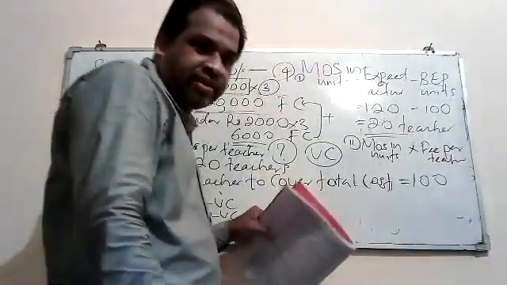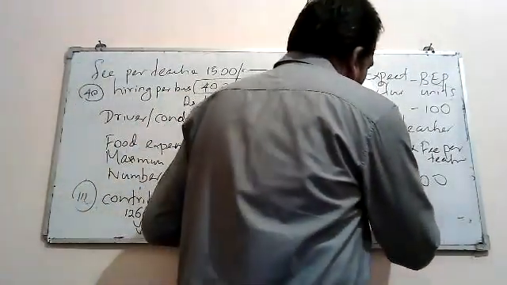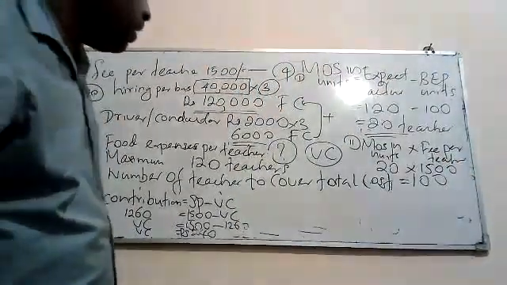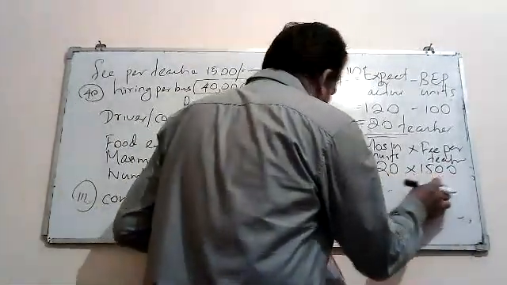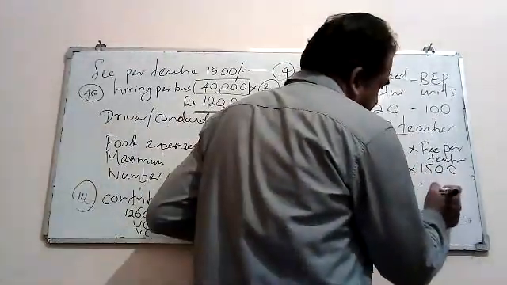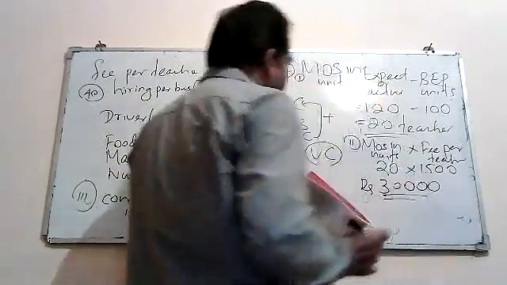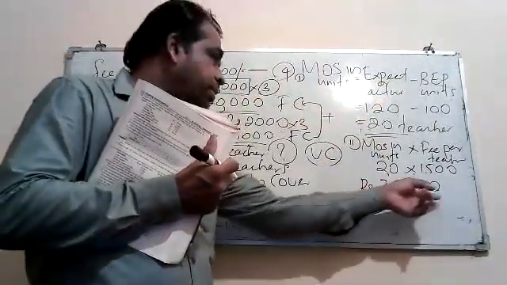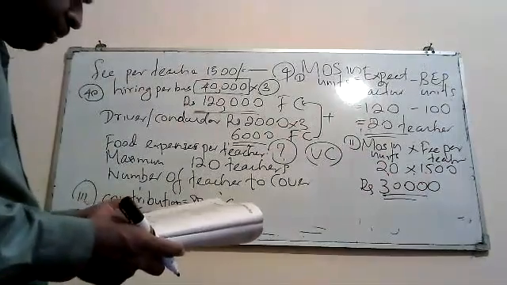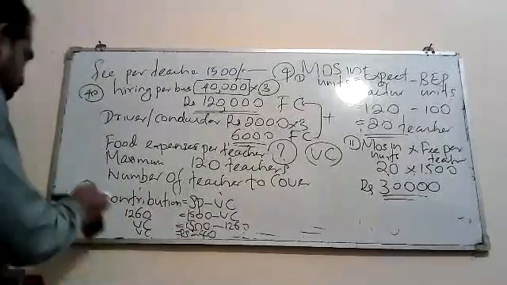That is known as the selling price, the amount they are going to charge from one teacher. 20 into 1,500 will be MOS in value, that is 30,000 rupees. MOS in units is 20 teachers, and the value will be 30,000 rupees. That is the answer for part 4, MOS in units and MOS in value.